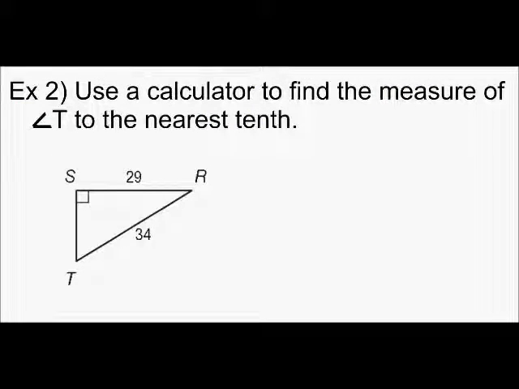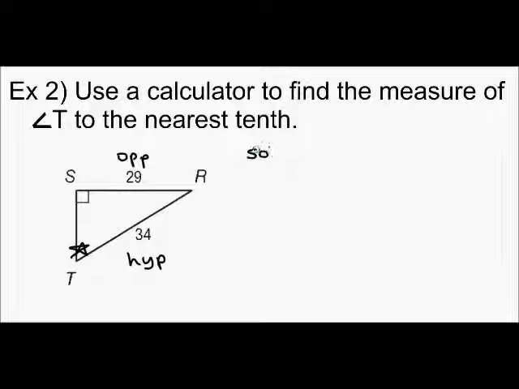Example 2. Use a calculator to find the measure of angle T to the nearest tenth. Okay, well, first of all, this is my angle that I'm looking at. And in terms of T, I have 29 as the opposite side. 34 is the hypotenuse.